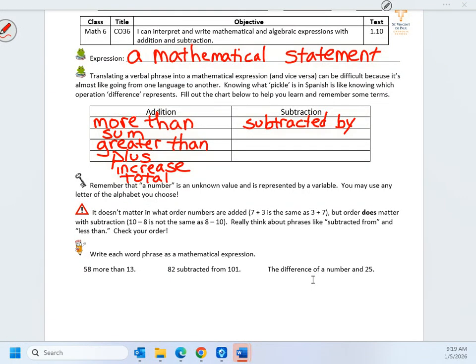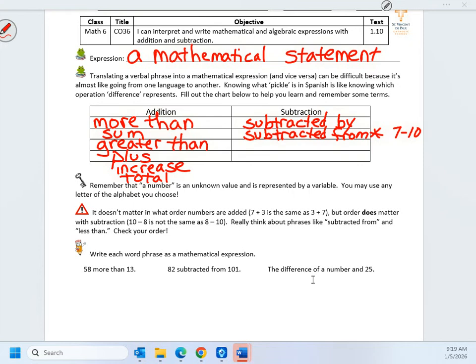We have to be careful because it could also be worded the opposite way. Subtracted from. Now I'm going to put a little star next to that one. Because when we say subtracted from, if I say 10 subtracted from 7, that would be 7 minus 10, right? 10 subtracted from 7.